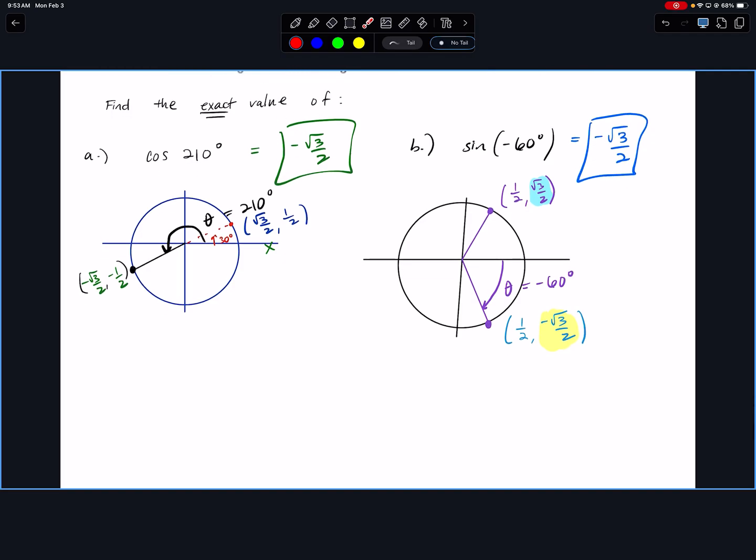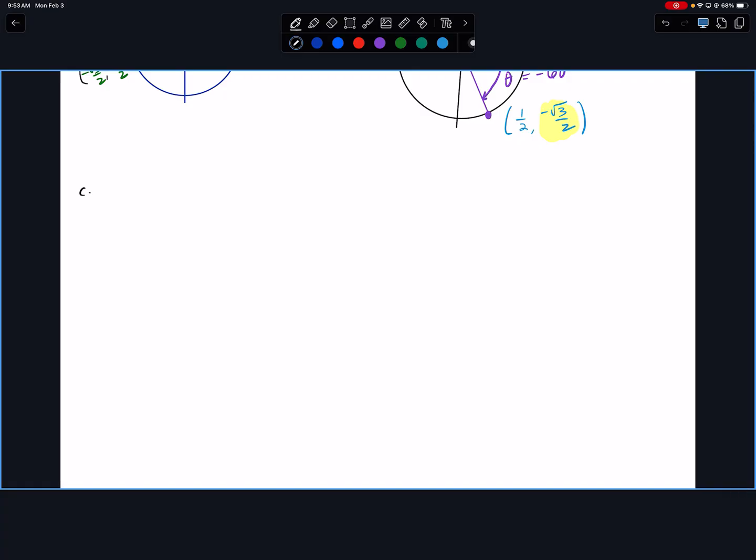Okay, part C. In radians, what you're really focused on is the pi over 3 part.